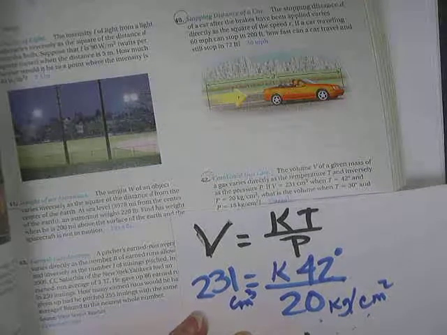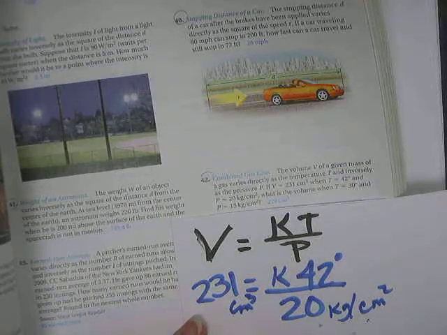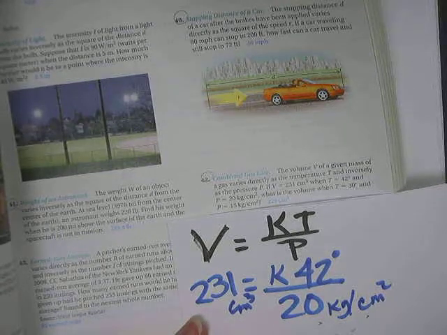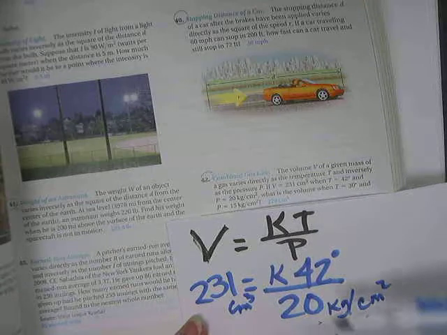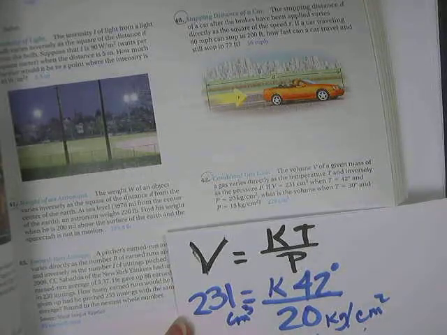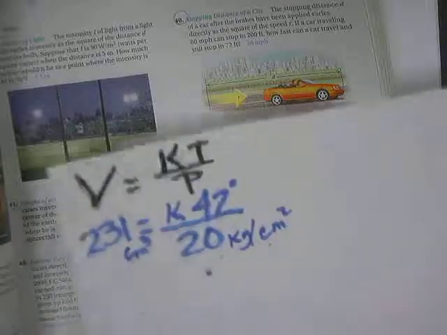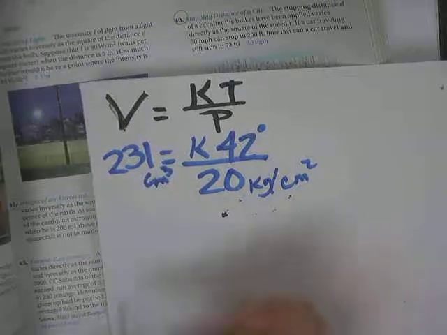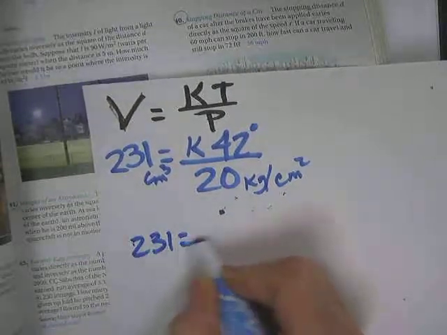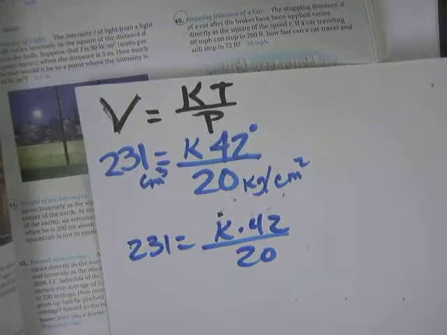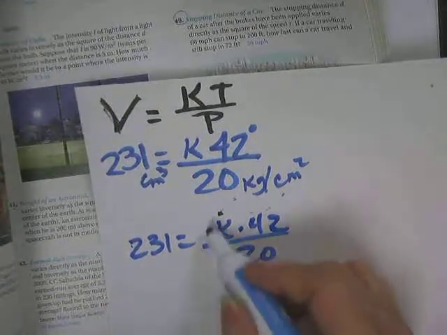If the volume is 231 cubic centimeters, we'll just put the 231. The K we won't know. The temperature is 42 degrees and the pressure is 20 kilograms per square centimeter.